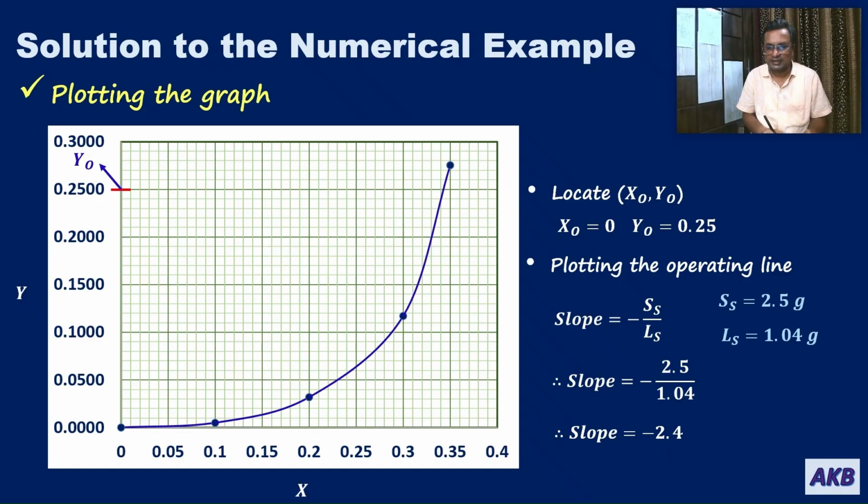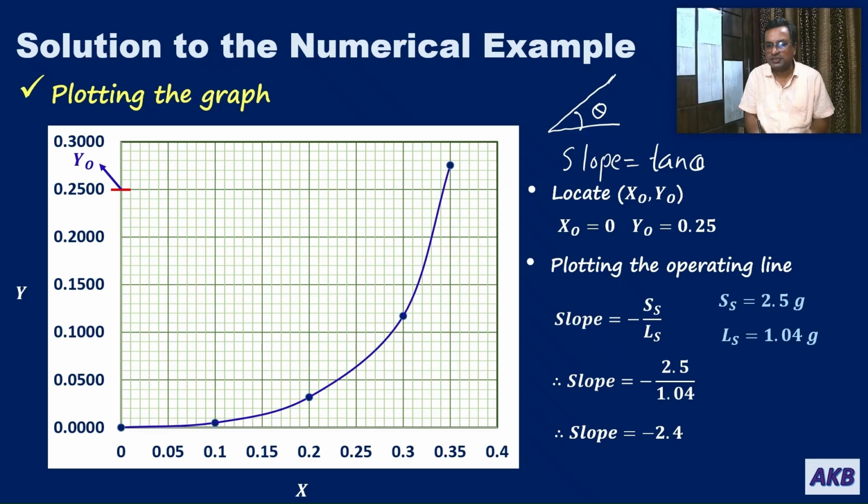So for plotting the line, since I am using the same scale on both the axes, I can use the definition of tan theta. So you know, slope of a line is tan of the angle it makes with the horizontal. So if this line is making an angle of theta with the horizontal, then its slope is equal to tan theta.